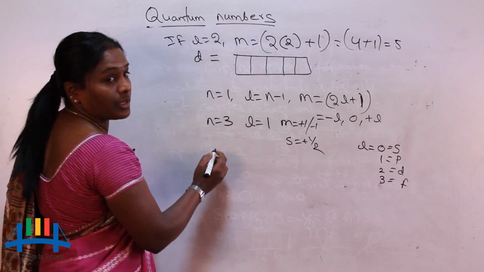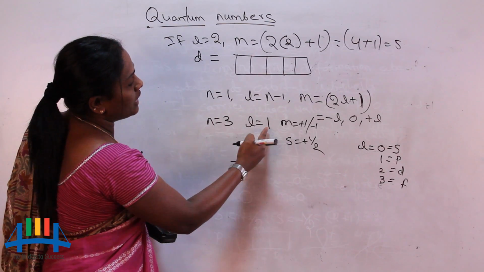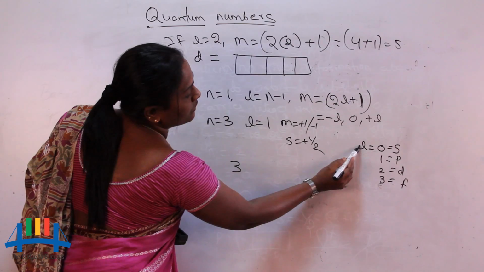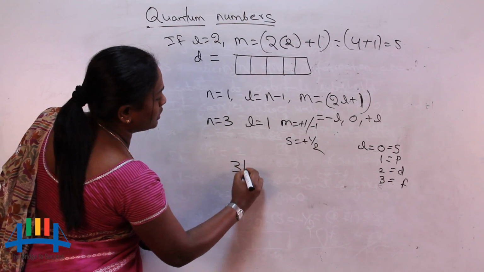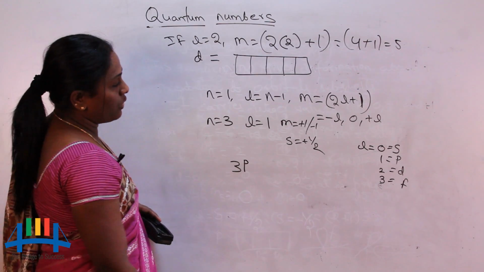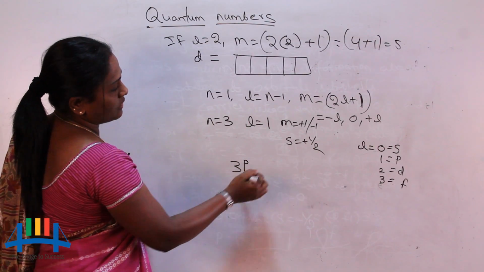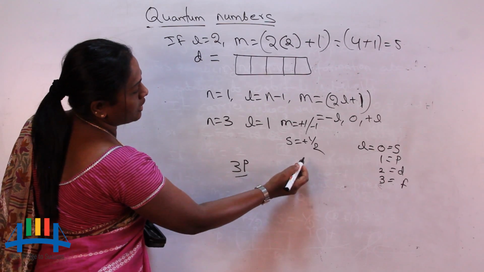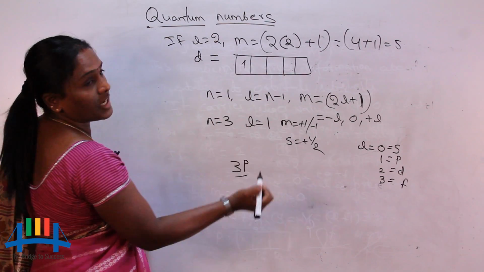Then you can directly represent N is 3, just write 3 here, and then L equal to 1. If L value is 1, then the subshell represents P, so you should write 3P. Now M is plus 1 or minus 1; while writing this there is no need for it, and directly you write plus half. Plus half means one electron with an upside arrow.